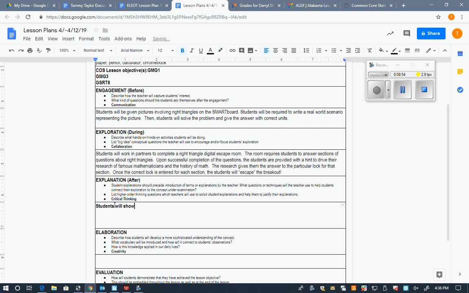Students will show their work for each section. Now in math, we never allow them just to give us the answers. They have to show their work. Each student will turn an answer sheet in.